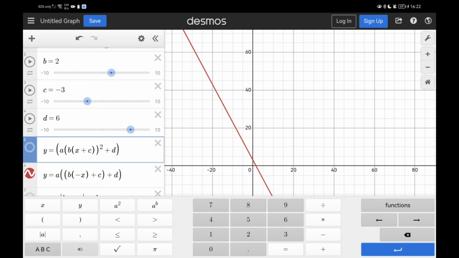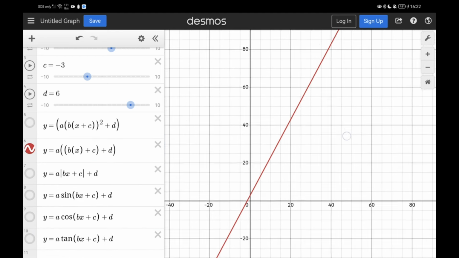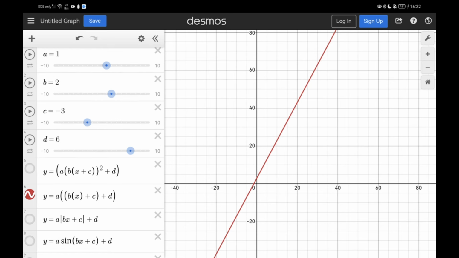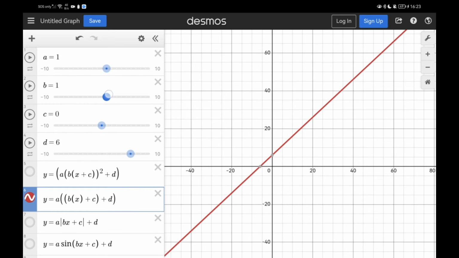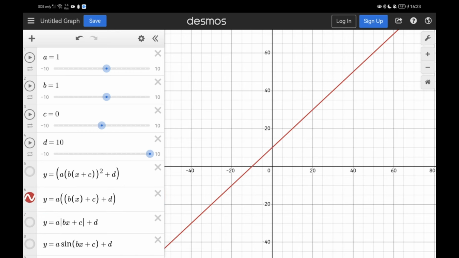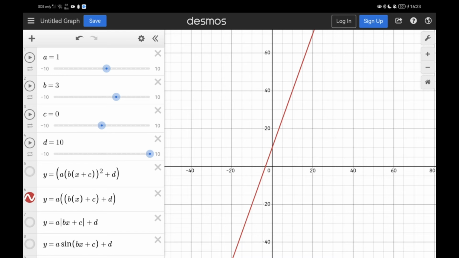Okay, you can see the original graph. Let's say I set this linear function as 2x plus 6. I need to reset this, let's say I'll set it to 10. Okay, now over here I have 3x plus 10.